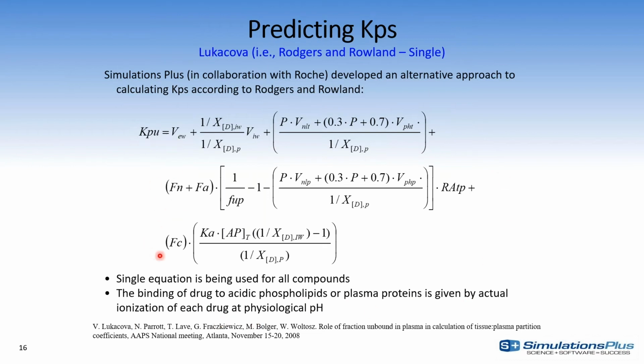So you are separating the drug into the neutral fraction, acidic fraction, and cationic fraction, and then calculating the binding for each of the fractions at the physiological pH. In that way, we eliminate the sharp jump from the pKa separation at 7.